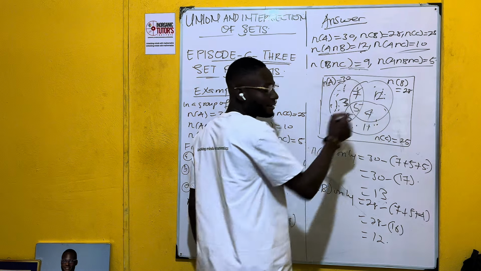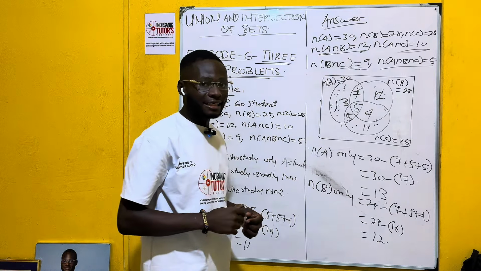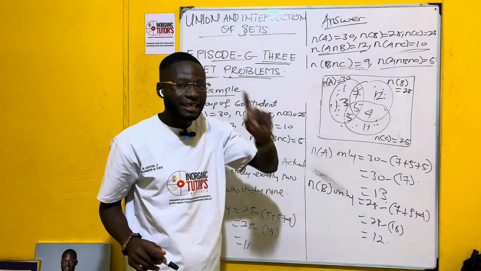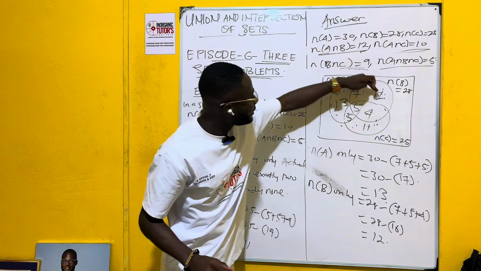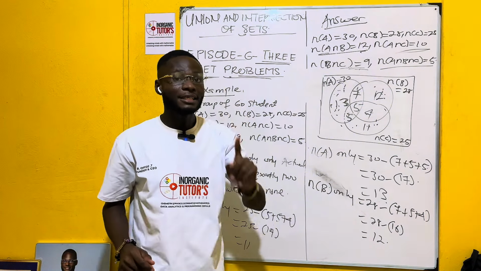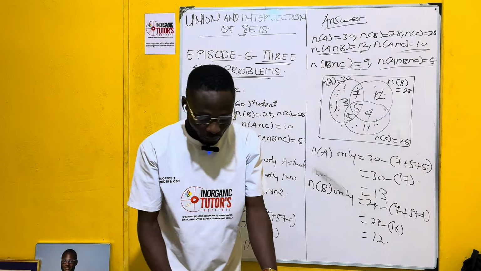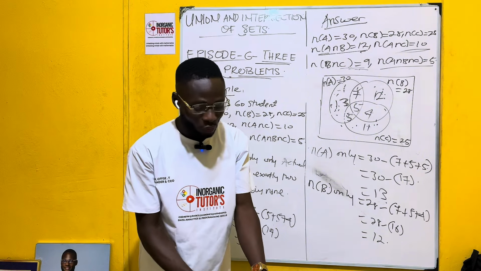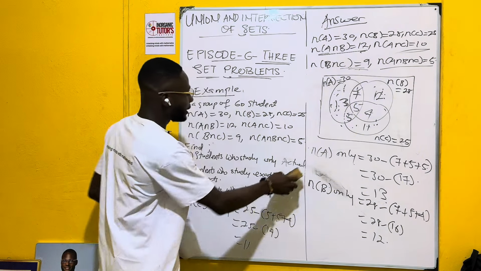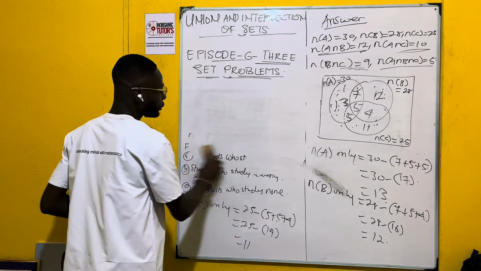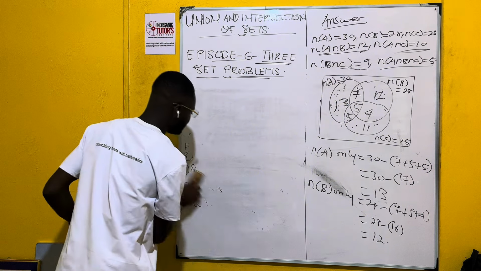This and this are called exactly two subjects. This and that give you exactly two subjects. This and that give you exactly one subject. So now let me clean up this work so that we can conclude on this problem.